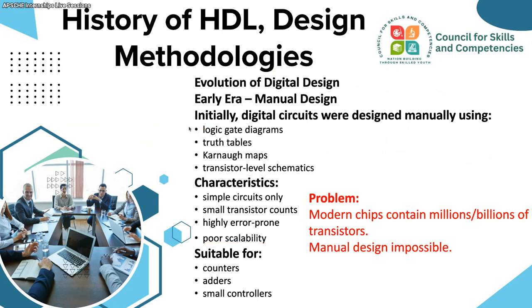Because of this, they were able to produce only counters, adders, and small controllers. But the problem is that a modern chip contains millions and billions of transistors, so manual design is impossible.